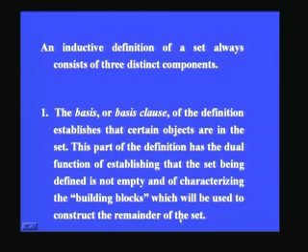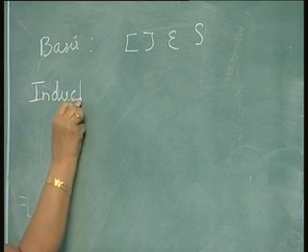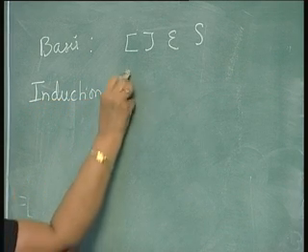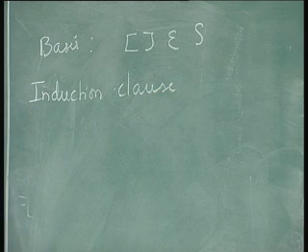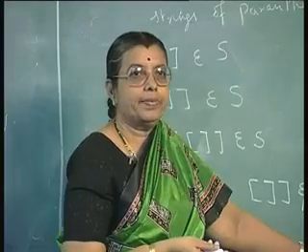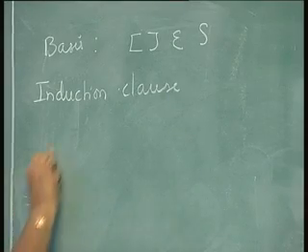Now, what are the induction classes? What is the induction class here? Starting with this, how will you find more and more elements of the set? Now, in this example, it will be like this.